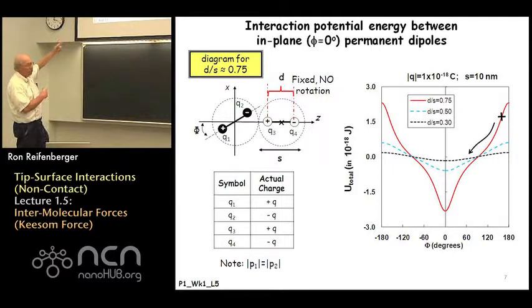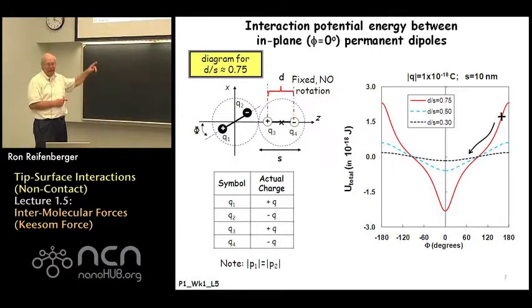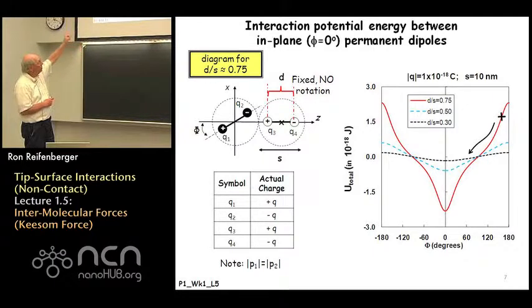And I just use the formulas that I gave on the previous slide to calculate the interaction potential energy of these two dipoles as a function of the orientation of one with respect to the other. And I've got three situations here for different ratios of the parameters D over S. When D over S is a small number, that means basically that the dipoles are separated far from one another.